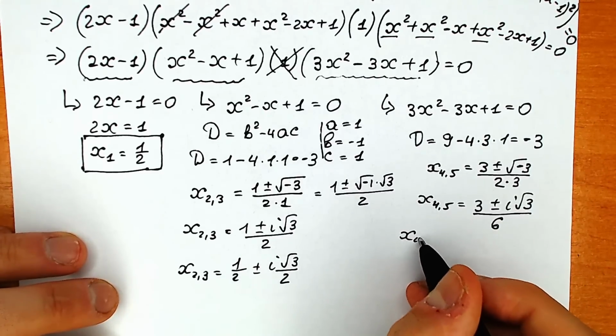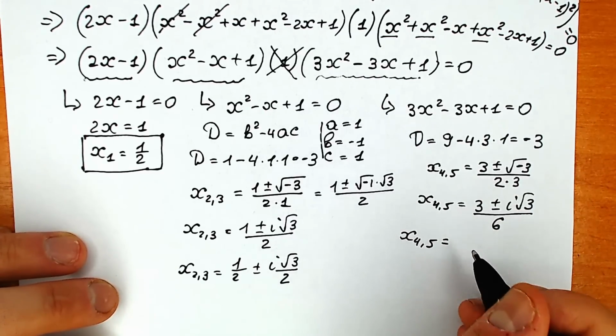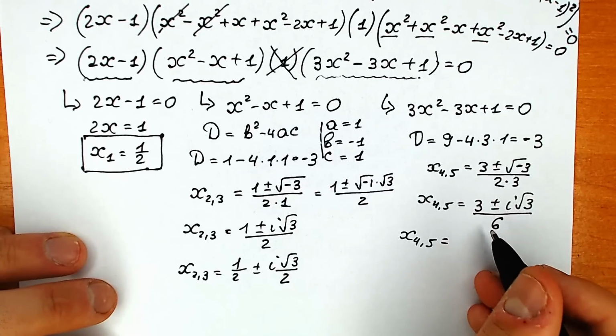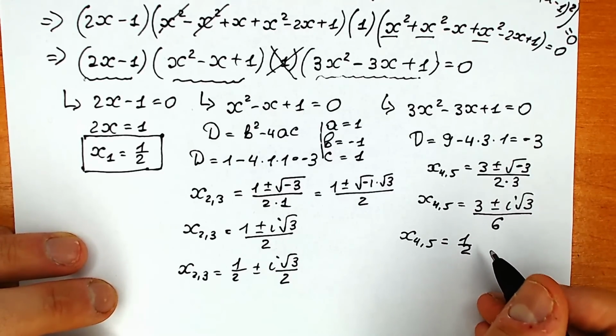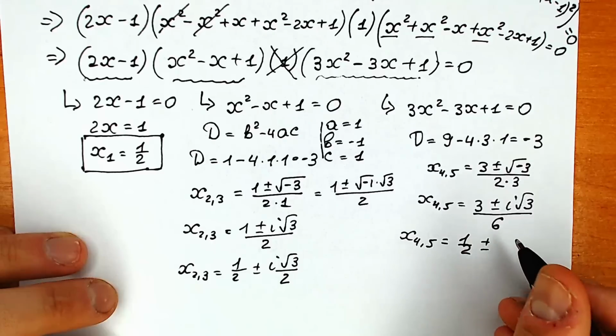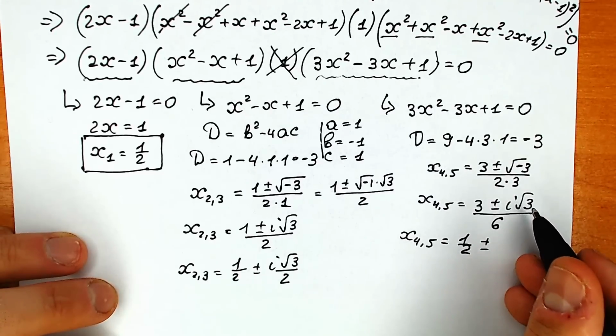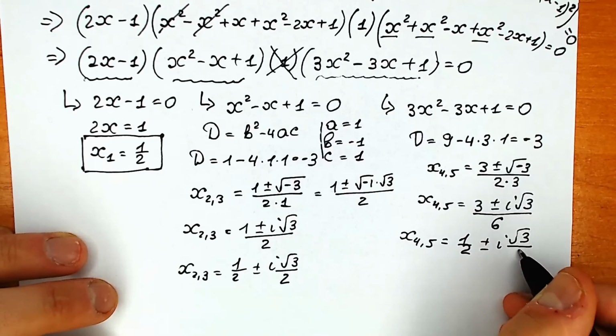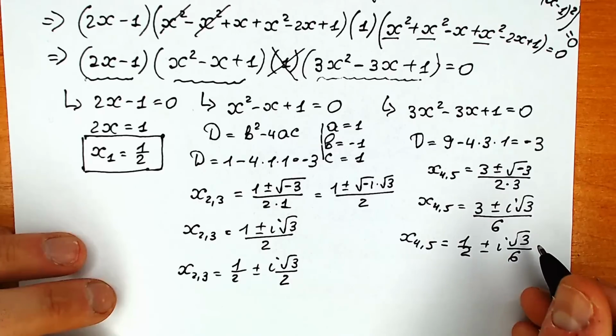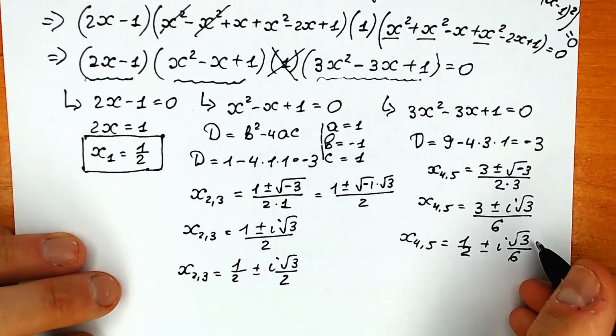So we have x fourth and fifth equal to 3 over 6, equal to 1/2, plus minus i square root of 3 over 6. Or we can multiply numerator and denominator by this square root of 3.